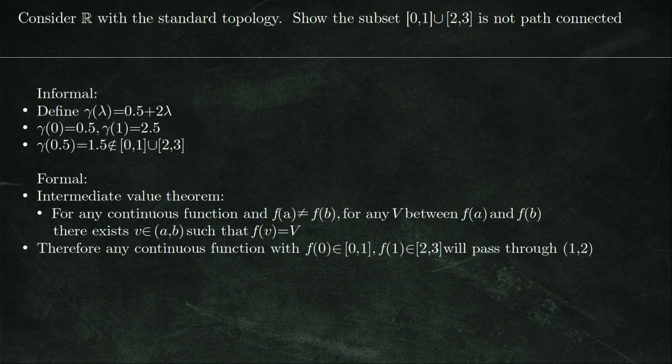Therefore, any continuous function with f of 0 in [0, 1] and f of 1 in [2, 3] will have to pass through every point in the interval [1, 2].